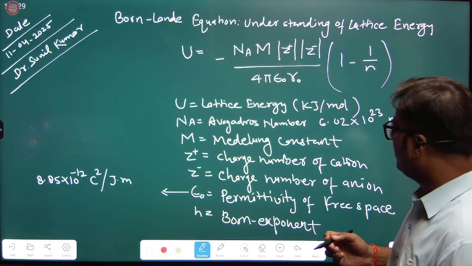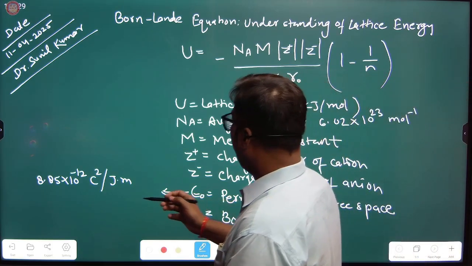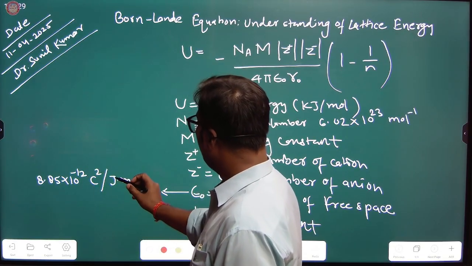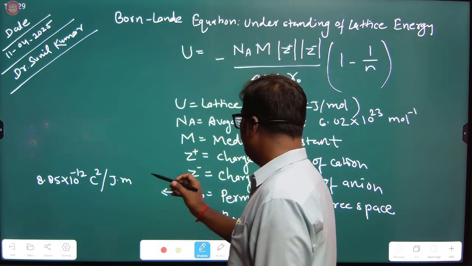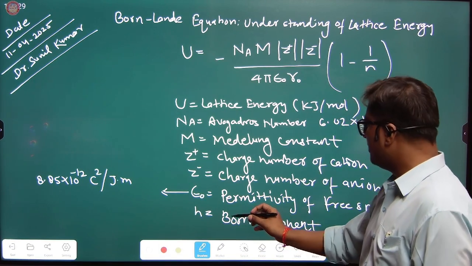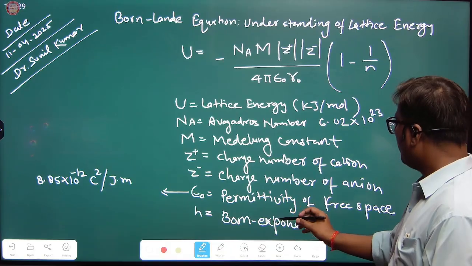It has a value 8.85 into 10 to the power minus 12 coulomb square per joule meter. The next and last parameter is n, the Born exponent.